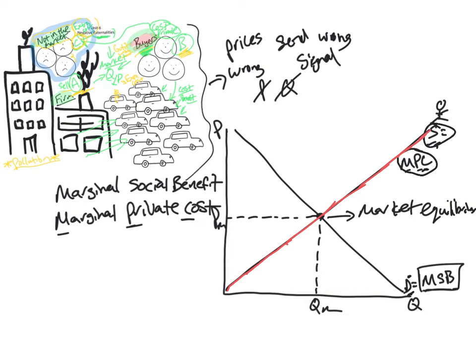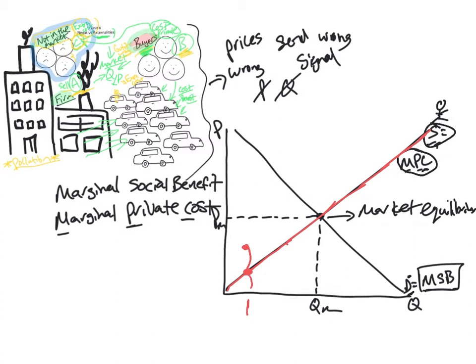Let's say for the first car, the extra cost imposed on me is that, but there's this cost imposed upon other people, and let's call it this amount right there. That's the extra cost imposed upon other people.